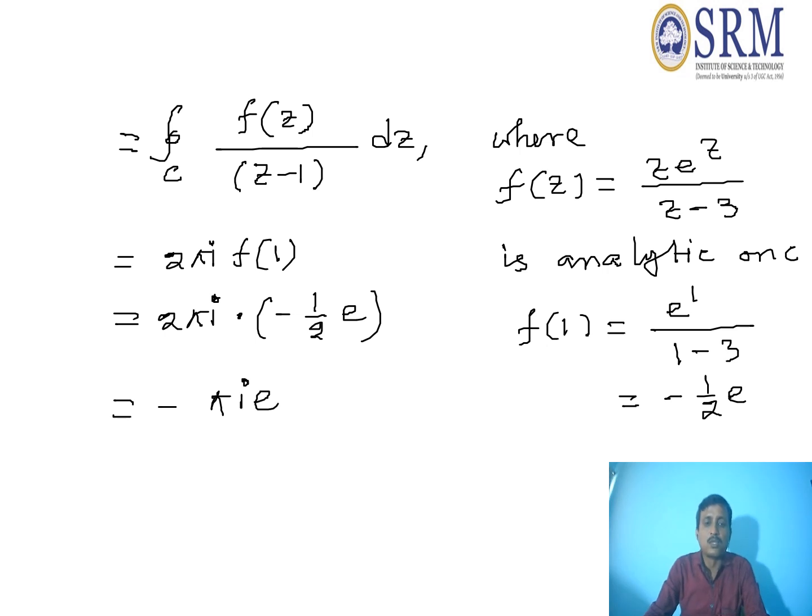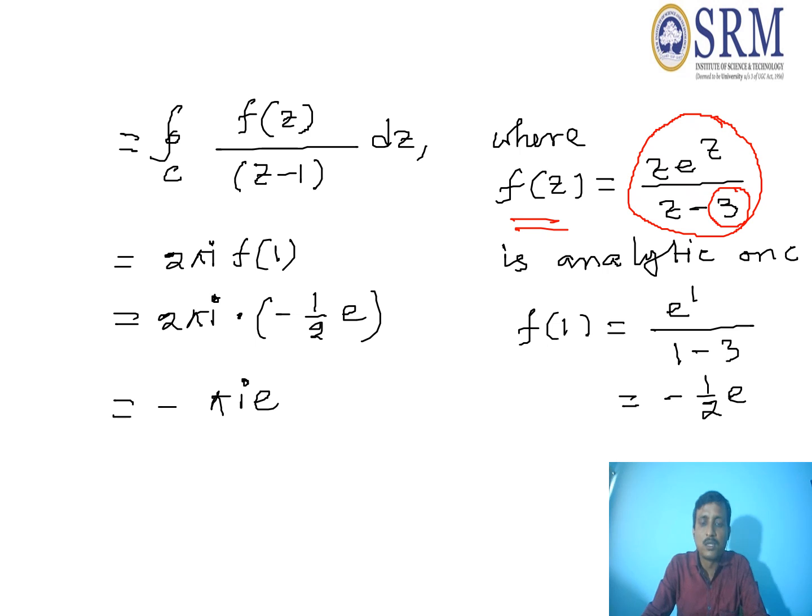Yeah. So you see, just one factor I have added. So that's why some special treatment you are doing. Okay, as this point 3 is lying outside C, that's why this factor you have to consider within the numerator. So that's why this whole term is now your f(z). Basically, the statement says f(z) should be analytic everywhere.